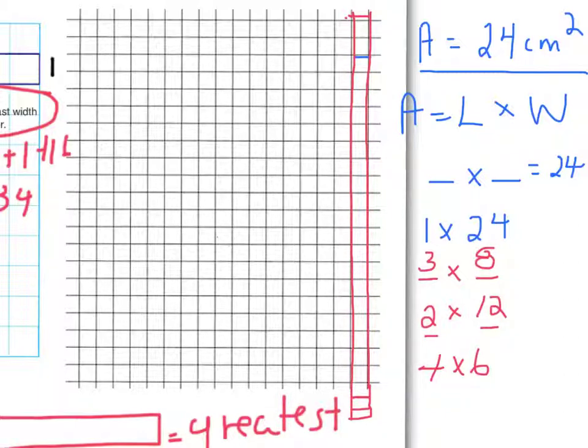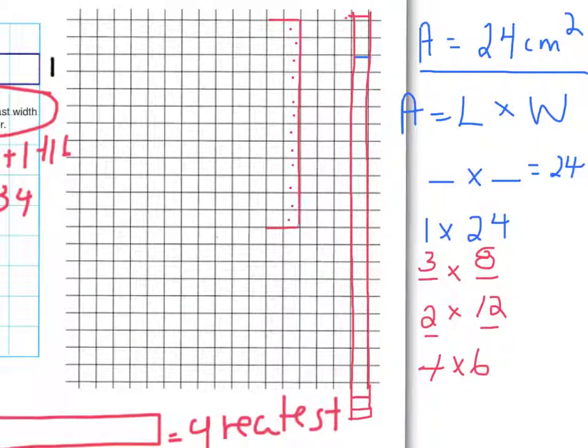So let's draw those. A 2 by 12. 1, 2, 3, 4, 5, 6, 7, 8, 9, 10, 11, 12. Oops. I should have done that with my marker. 1, 2, 3, 4, 5, 6, 7, 8, 9, 10, 11, 12. There we go.